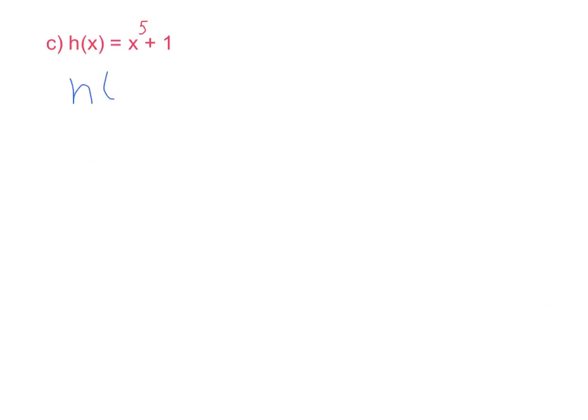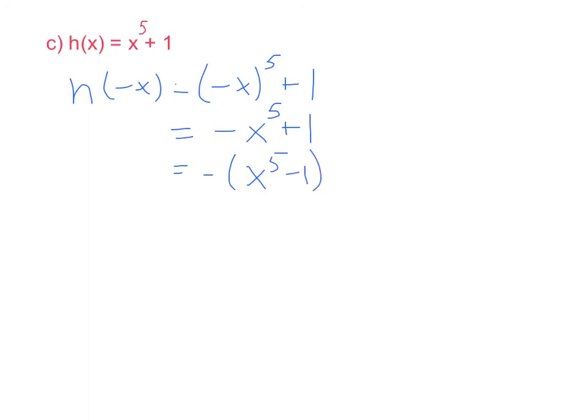So h of negative x would mean I would take negative x to the 5th plus 1. Well, a negative to an odd power stays negative. So I have negative x to the 5th plus 1. And even if I factor out the negative, I still don't get back what I started with.